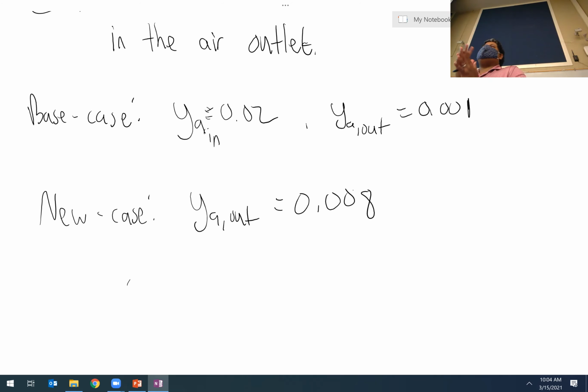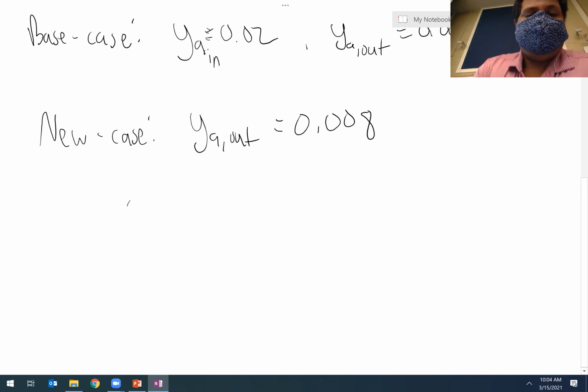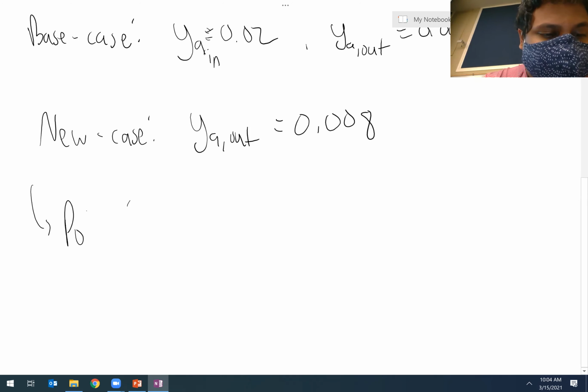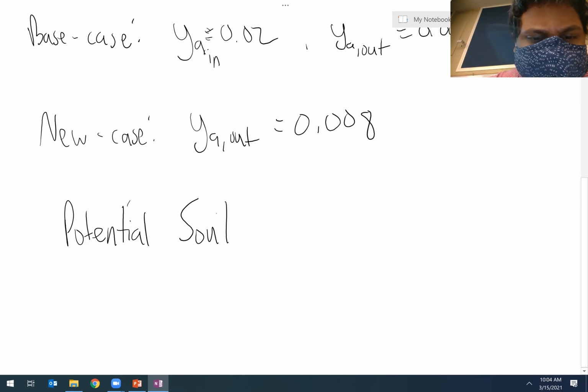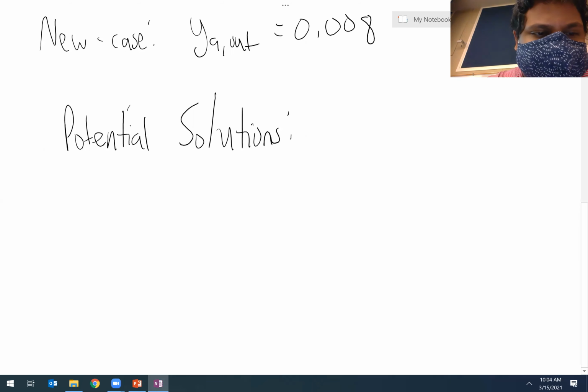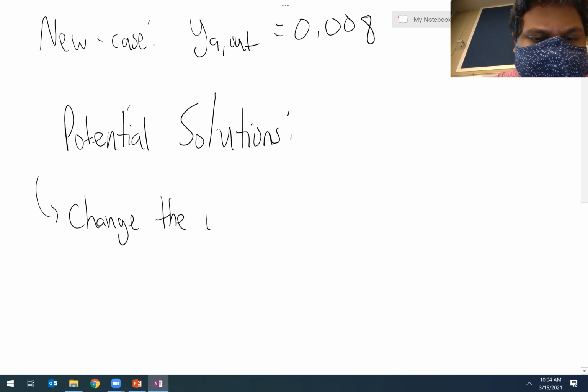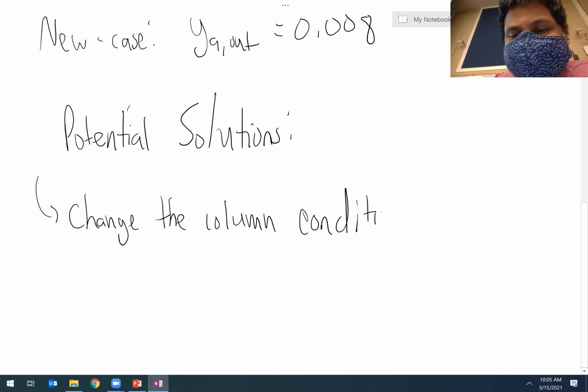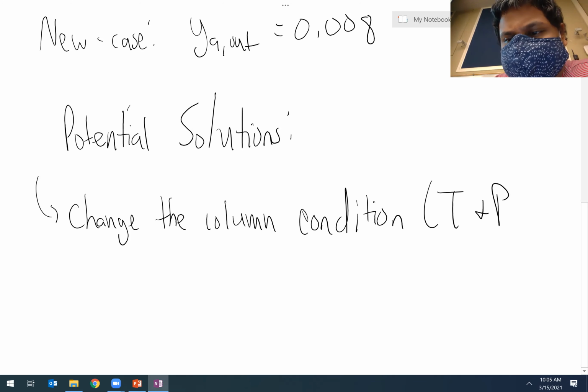We had discussed various ways to address it, looking at potential solutions. We can change the column conditions, and what I mean by conditions is the temperature and pressure.